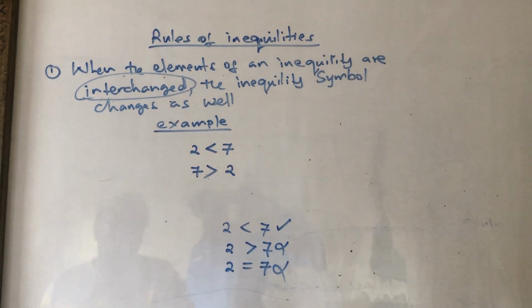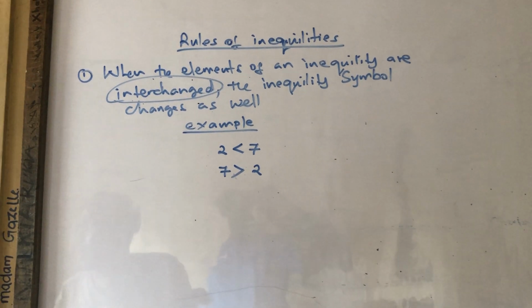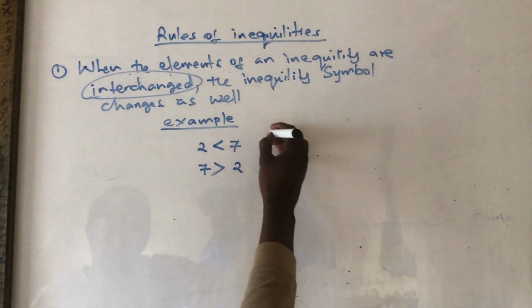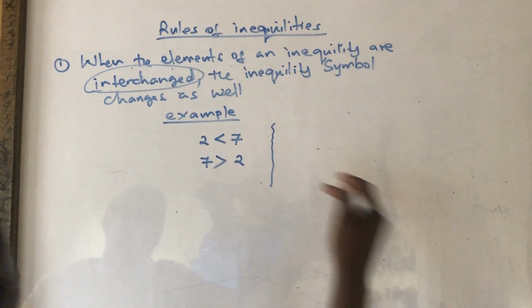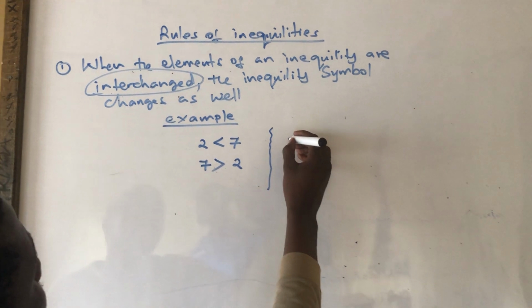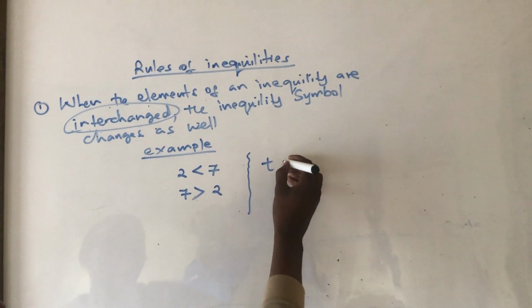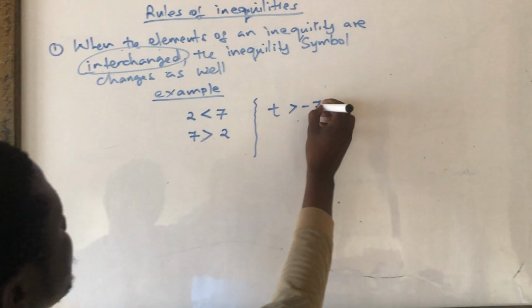This is supposed to mean that if you're confronted with another situation tomorrow, for example, t is greater than -7.